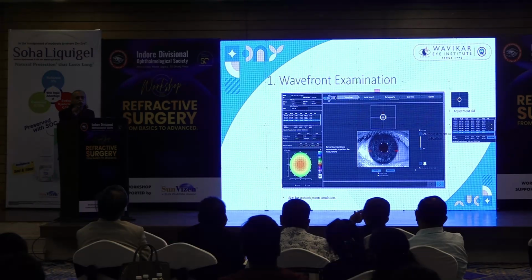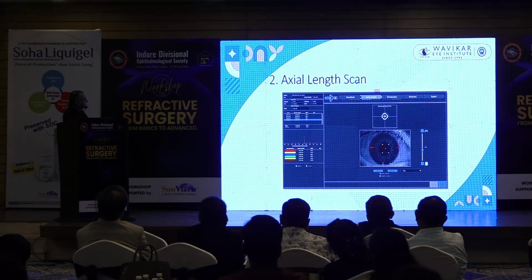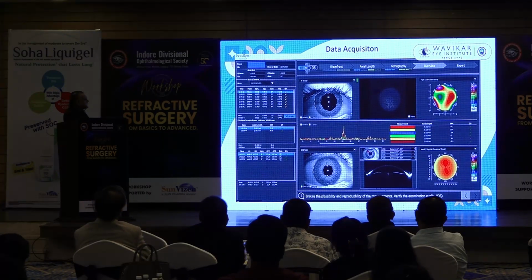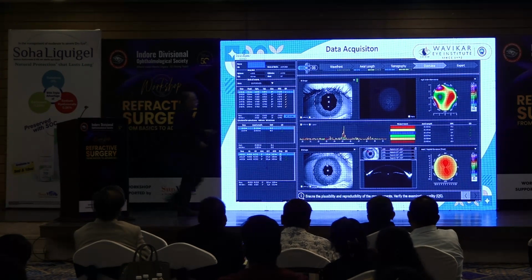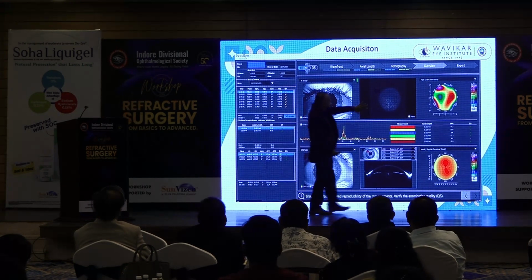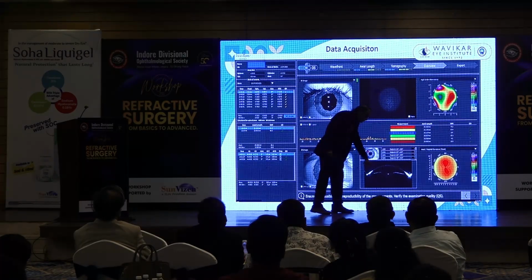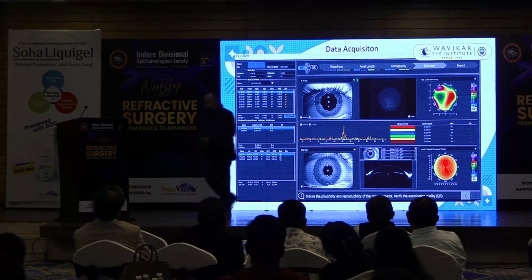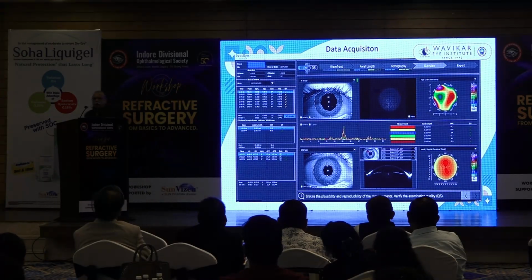I don't have to go and match each and every machine reading. Similarly, axial length, and similarly topography, the Scheimpflug imaging. And this is the overview. You also see the fringe pattern, that is the aberrometer, you see the lens array, and you see whether the image is proper. So this gives us a really good understanding about how things are.